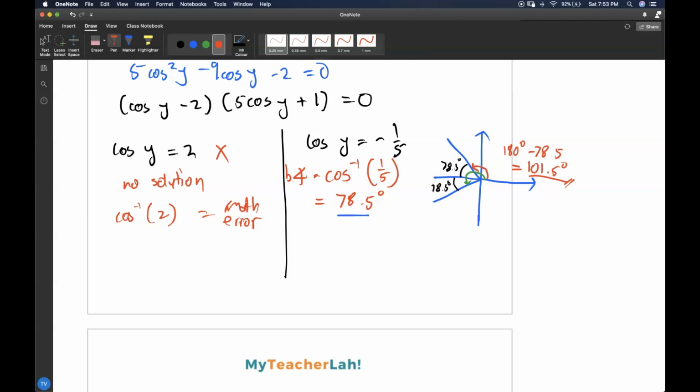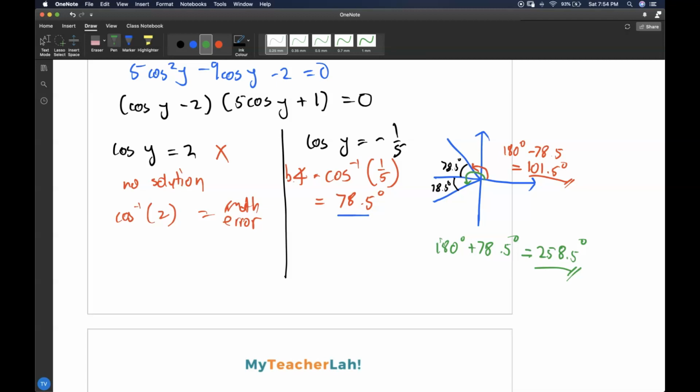Okay, and the green one is, you take 180 degrees, that covers the entire line here. So from here to here, plus 78.5 degrees. So this would give you 258.5 degrees. All right, so notice that again, this is the basic angle.